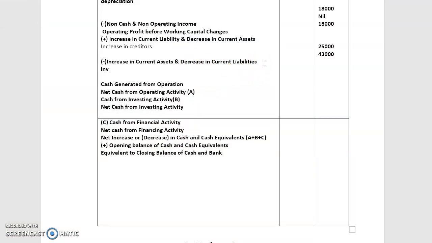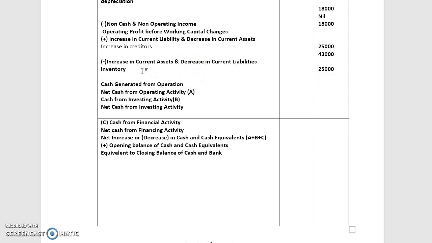So inventory is increased. I am just directly taking the difference amount, so please see the amount. Difference will be 25,000.